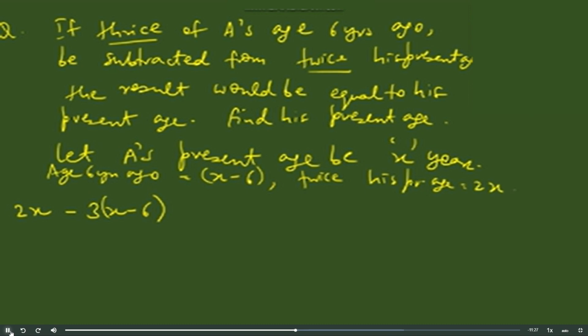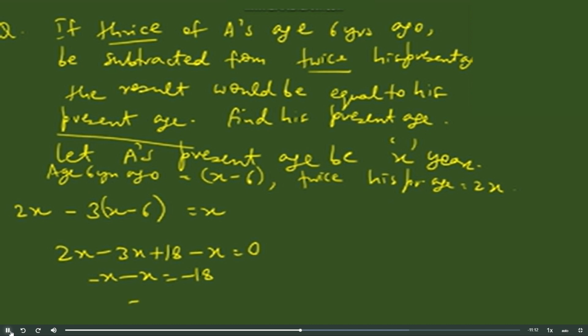So 2x minus 3 into x minus 6 is equal to his present age, x. So 2x minus 3x plus 18 minus x is equal to 0. Minus 2x is equal to minus 18. x is equal to 9. Present age is 9 years.